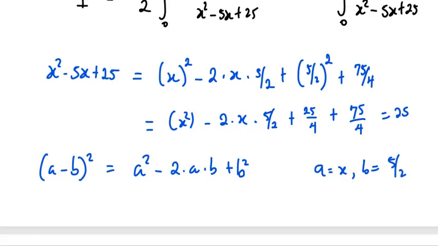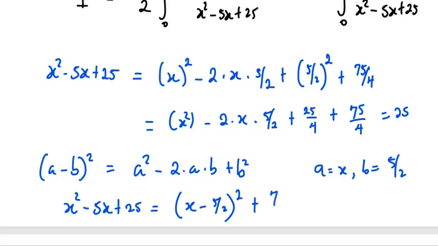So with this idea, x squared minus 5x plus 25 is going to be equal to x minus 5 over 2 whole squared, and then plus 75 over 4.